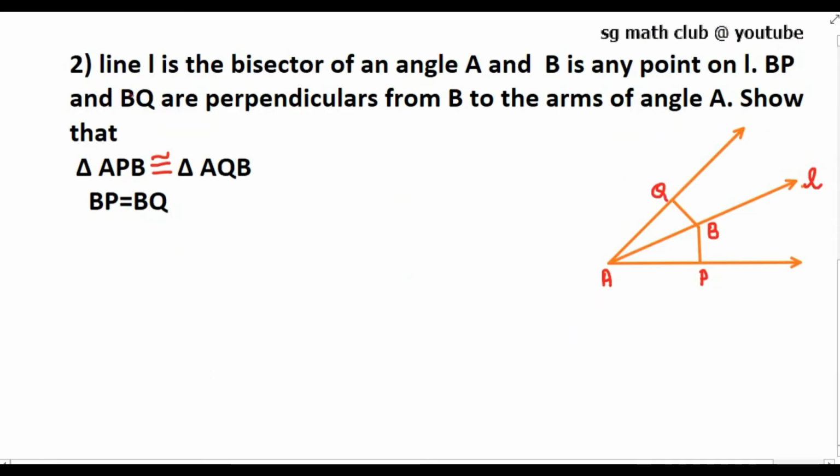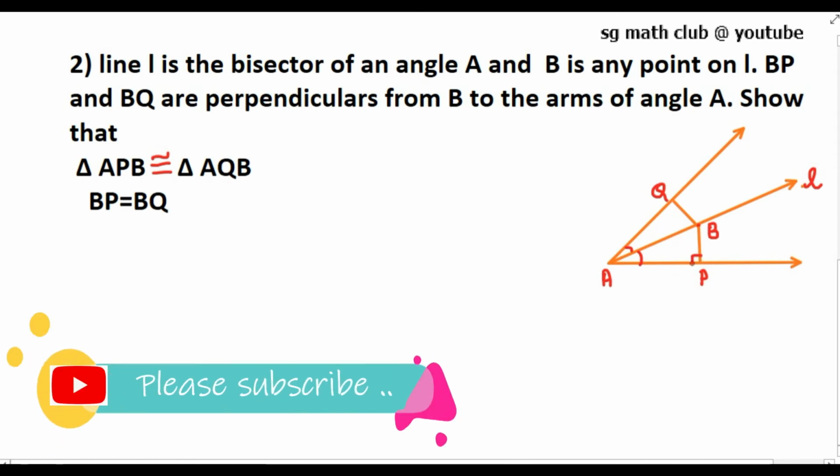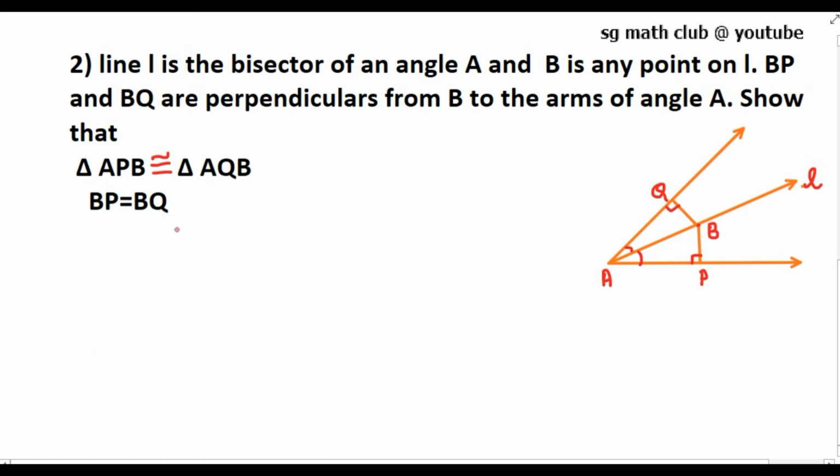Now next question is, line L is the bisector of an angle A. You can see line L, it is the bisector of angle A. That means these two angles will be equal. B is any point on line L. BP and BQ are perpendicular from B to the arms of angle A. BP and BQ are perpendicular, means this angle will be 90 degrees.